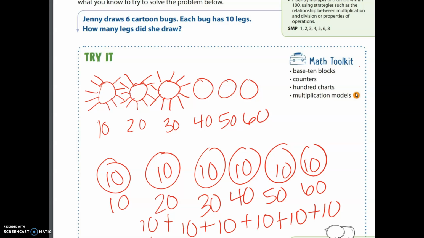So 1, 2, 3, 4, 5, 6. 6 tens would be 60. So whether you skip counted, you did repeating addition, or you drew a picture, any way you did it, you should have got 60 legs.